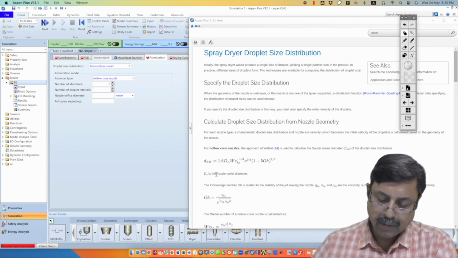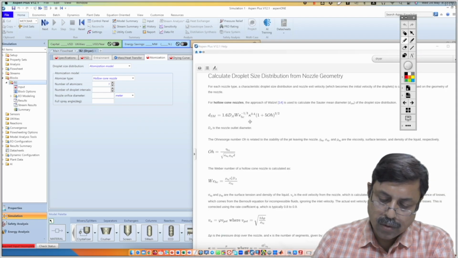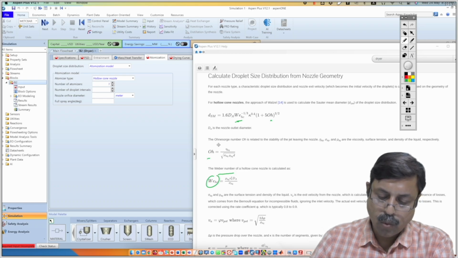You have to specify the nozzle diameter, so this nozzle diameter you have to specify over here. And you have We and Oh. What are they? We is the Weber number and Oh is the Ohnesorge number. So these two things you have to calculate.